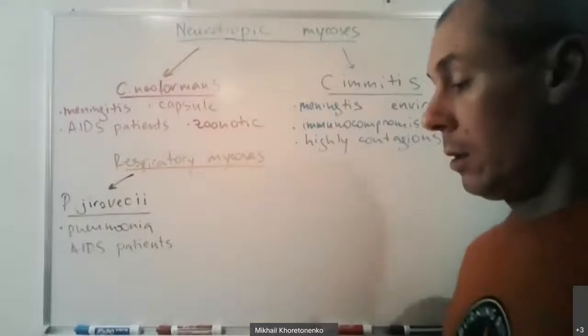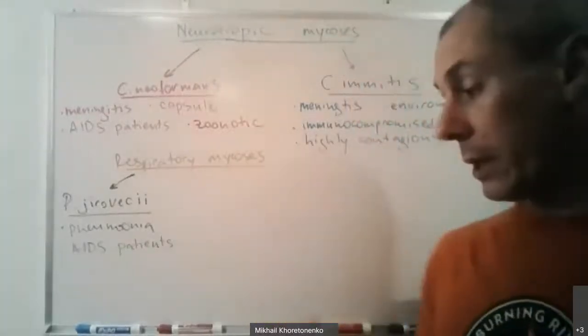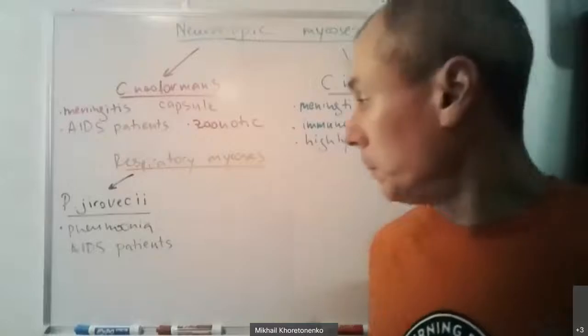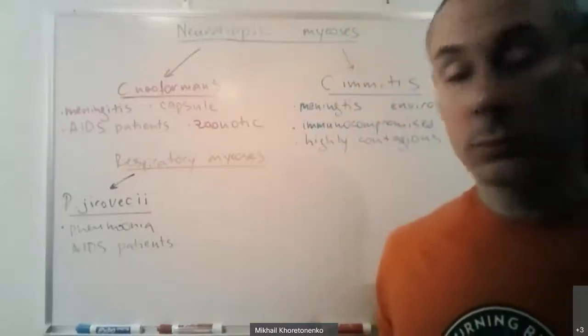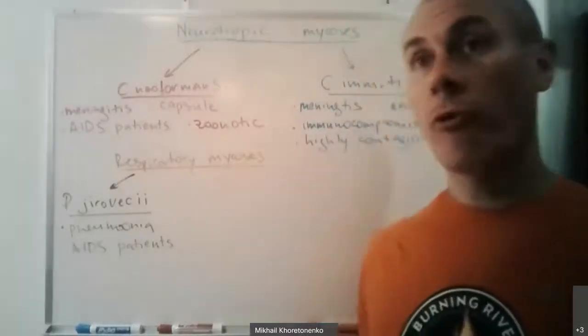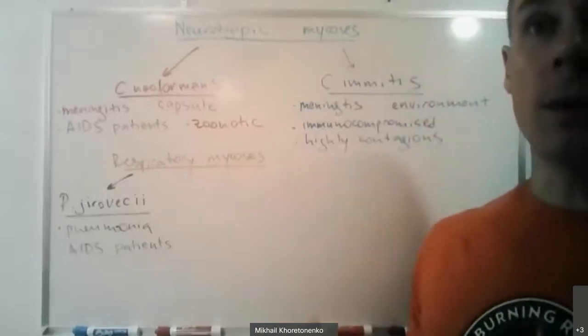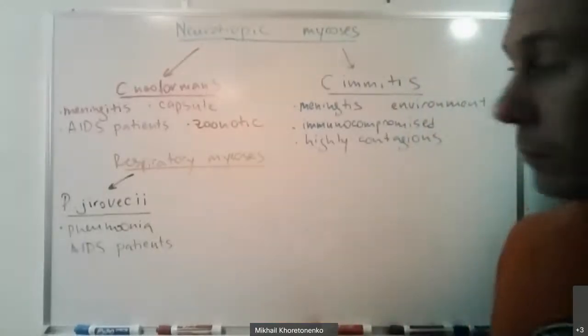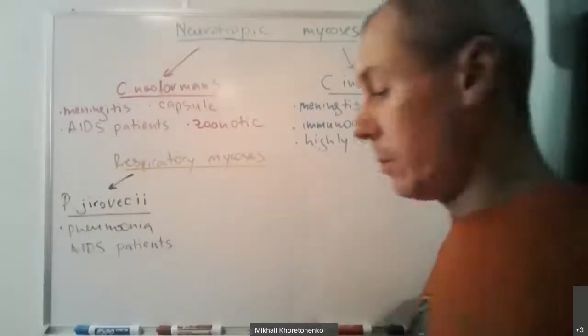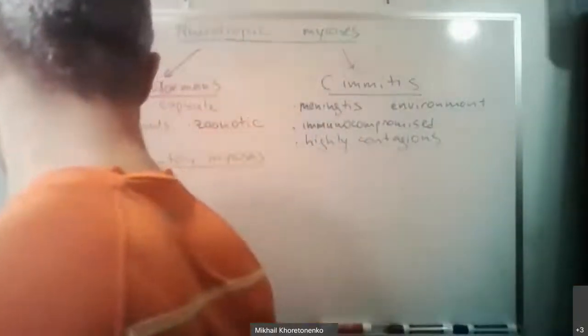Okay? It is another hallmark disease of AIDS patients. So yeah, typical symptoms: shortness of breath, non-productive cough, low-grade fever. Another name, just to let you know, you may encounter this acronym.